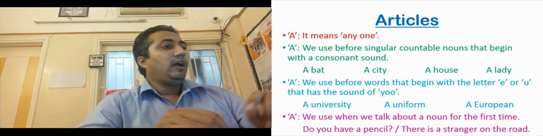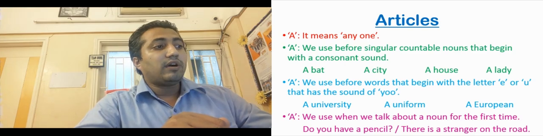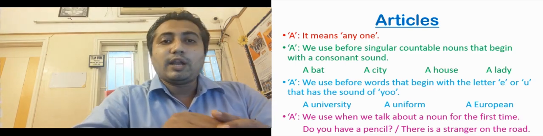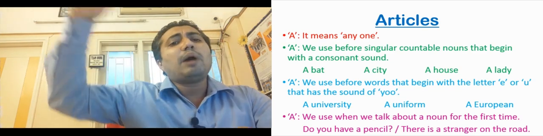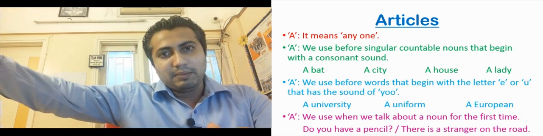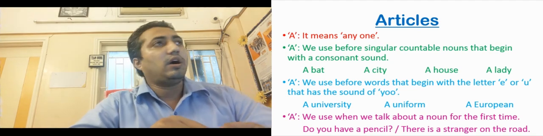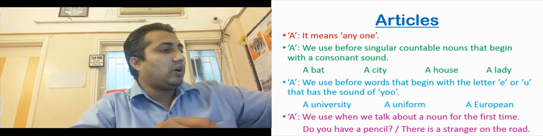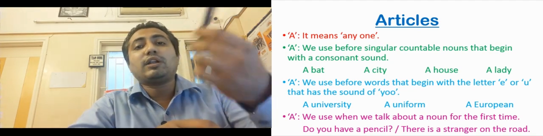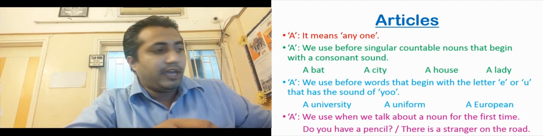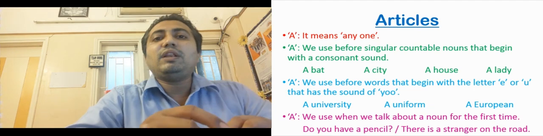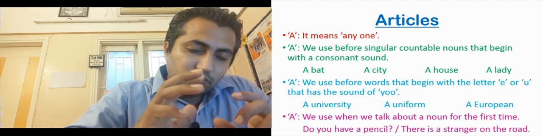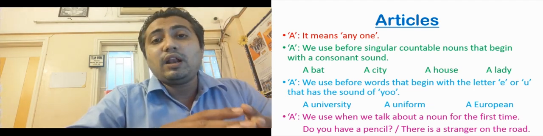Okay, then a is used when we talk about a noun for the first time. पहली बार जब हम बोल रहे हैं, we are talking about something. ठीक है, I saw a boy के बारे में पहली बार बोल रहे तो a boy. I saw an elephant, or I bought a pencil or a pen. Okay, so पहली बार when we are talking about something, we will use the article a.